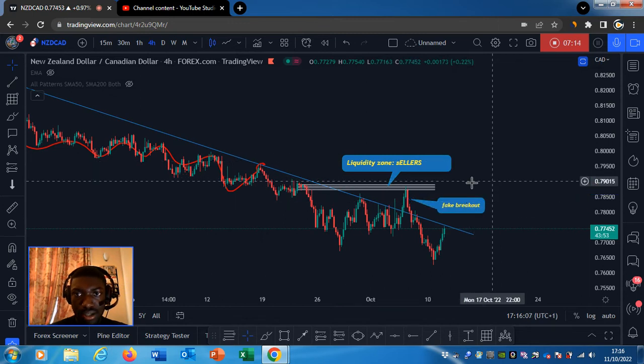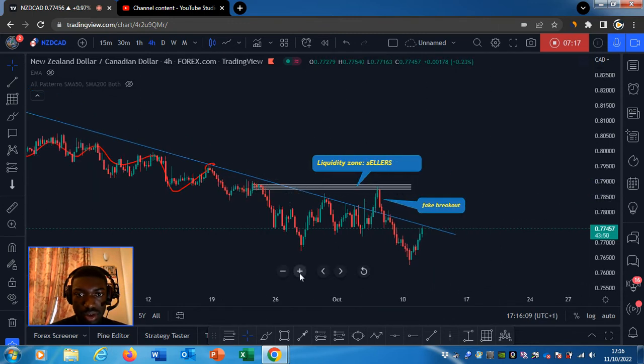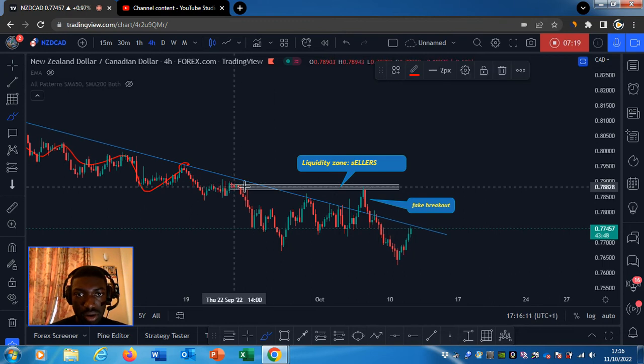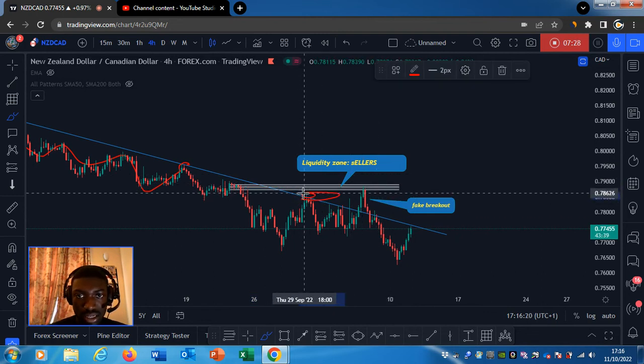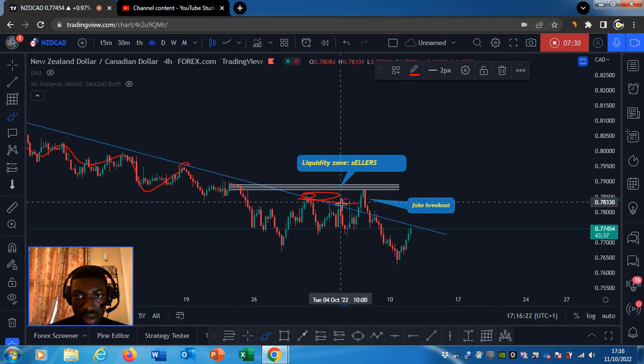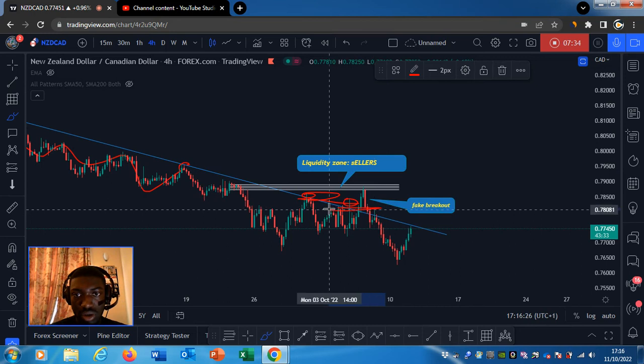As you can see here, this is where a lot of institutional traders will have their selling trades entered, because they know a lot of traders will be targeting to put their stop losses right here and above here, so that they wouldn't be called out if they place a sell limit around here.